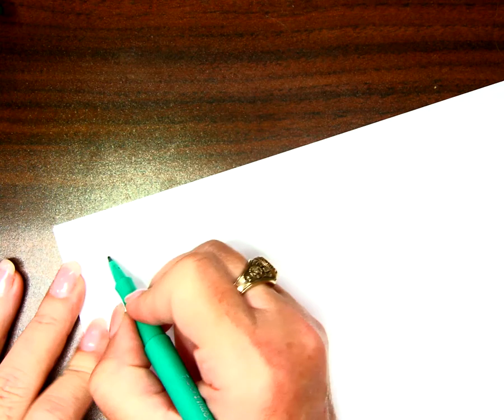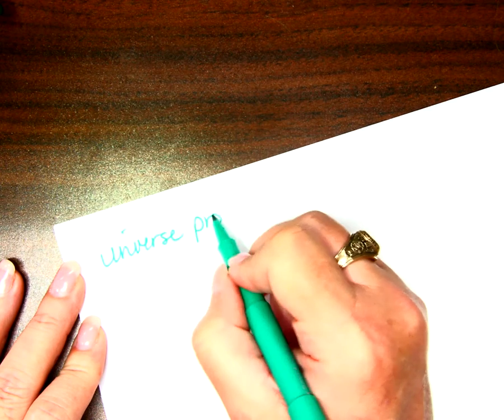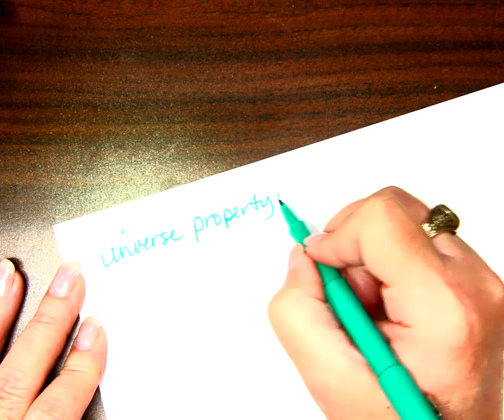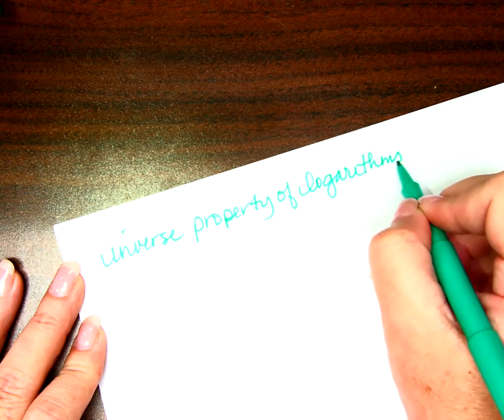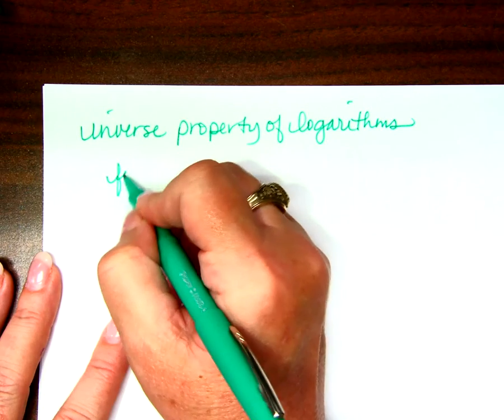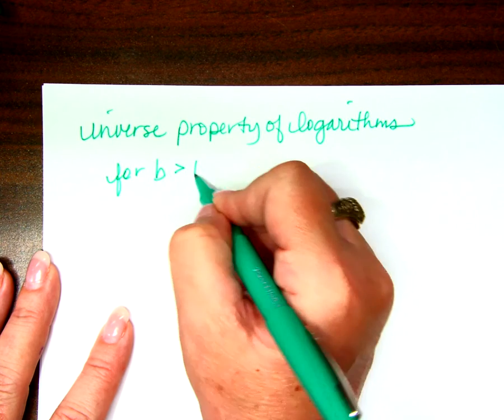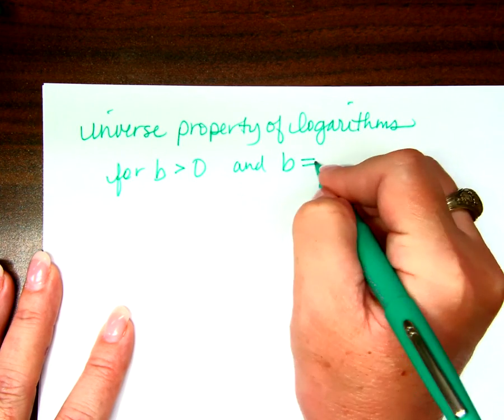Let me show you really quick the inverse property of logarithms. So inverse property of logarithms, it says for b is greater than 0, that has to be true, and b also does not equal 1.